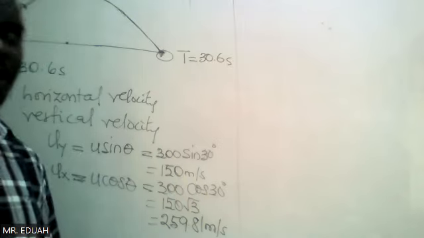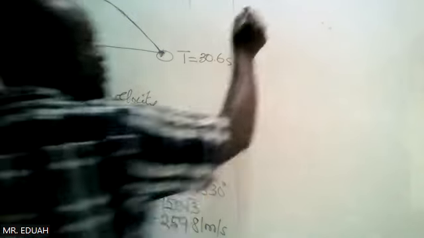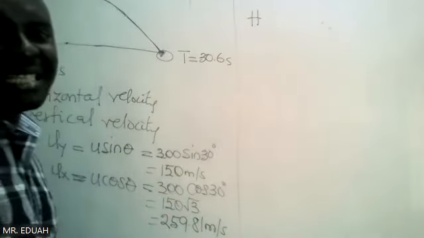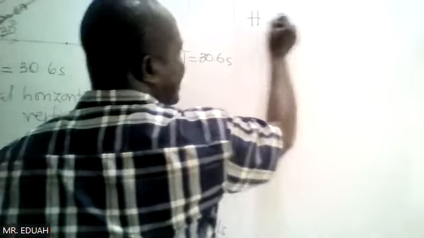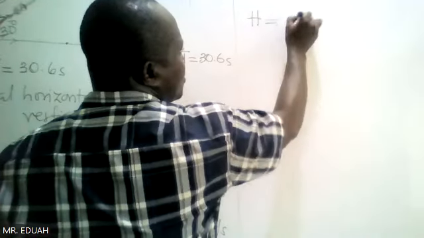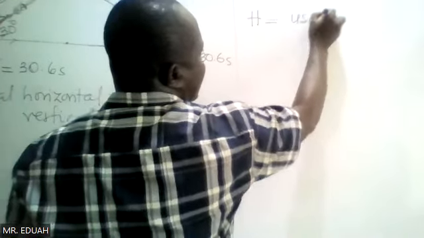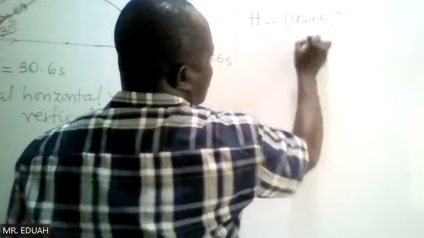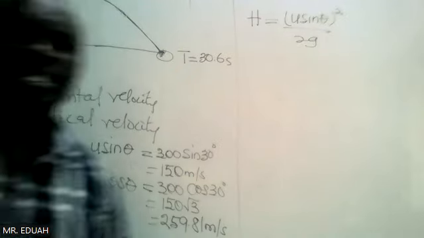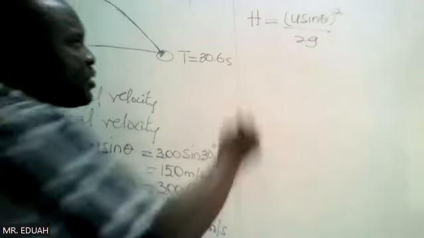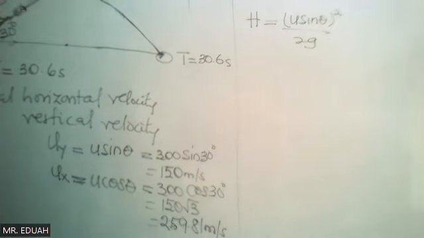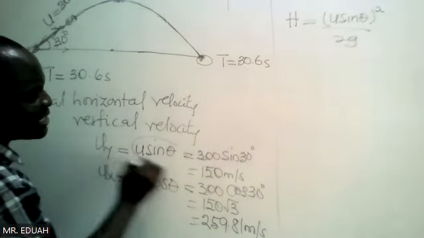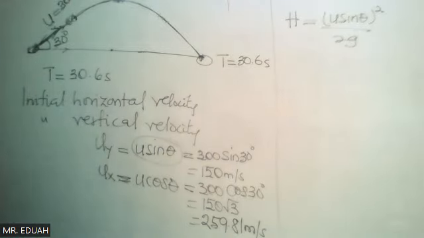Maximum height is equal to u sine theta squared over 2g. Excellent. H is equal to u sine theta squared over 2g. So that's the formula we derive for the maximum height. And look at a funny thing. We have already found u sine theta, 150.